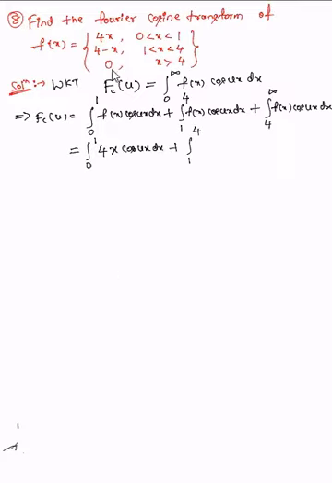In 1 to 4, the function is 4 minus x. It is 4 minus x cos ux dx, plus the last term. So this is 4 to infinity. Above 4, the function is 0. So this integral becomes what? f of x is 0, so this entire thing becomes 0. Right? We get only these 2 terms.